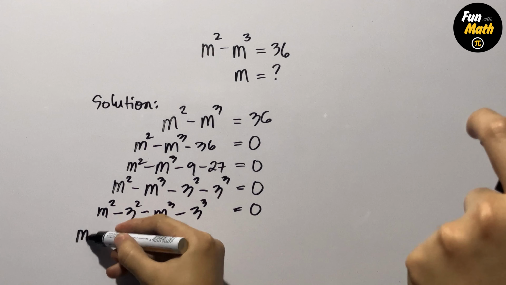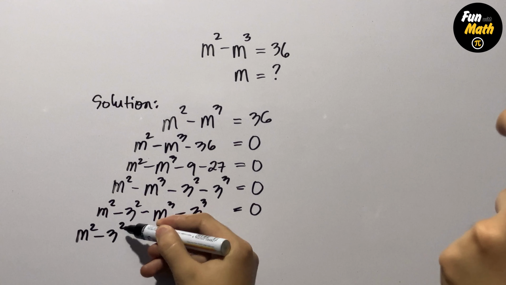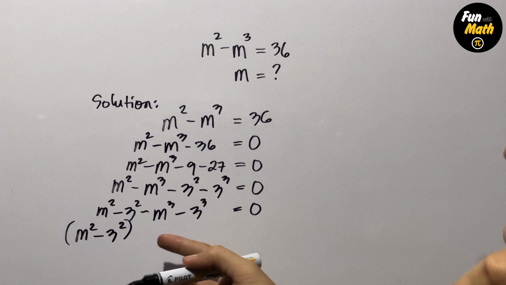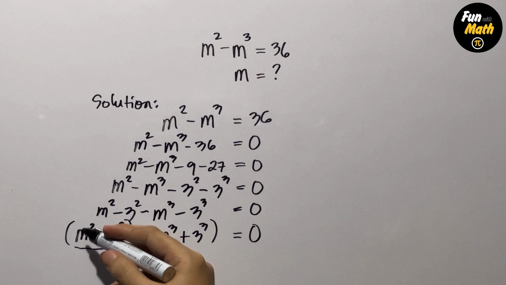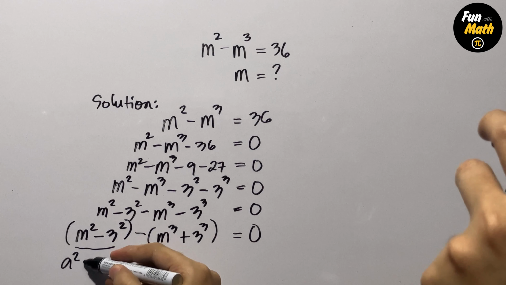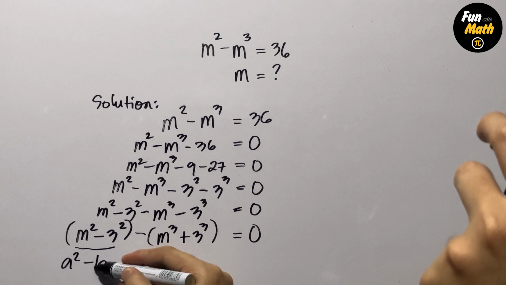So we have m squared minus 3 squared, close and open parenthesis. And for this, let's take the negative outside, that is minus. Then inside, we have m cubed plus 3 cubed equals 0.